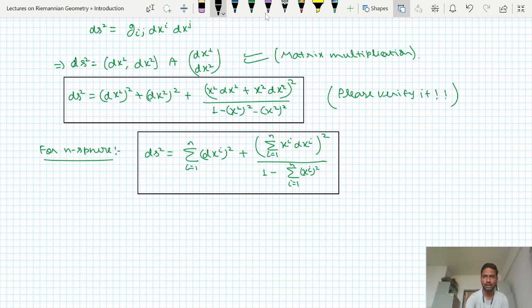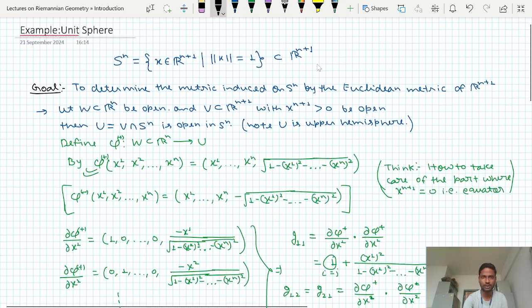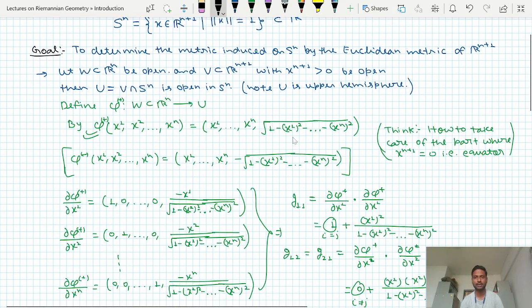Okay, I hope you all understood what I did. There was nothing complicated here. We simply wrote the simplest parameterization for the sphere, using the simple condition on the norm: the norm of x is 1. Using that, I formed the n plus 1th coordinate, which was the only coordinate missing for me.